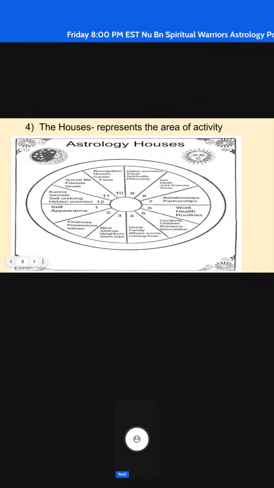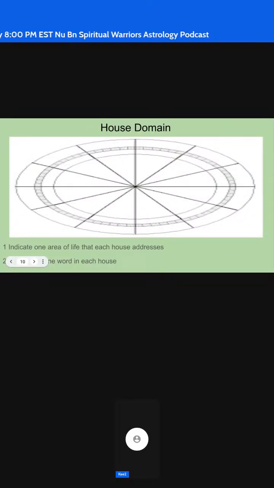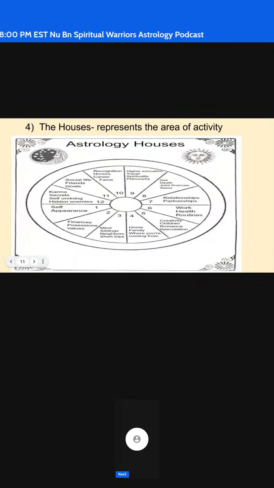Now, your assignment is to create a chart like this and indicate one area of life that each house addresses. So put one word in each house. For example, in the first house, I might put self.